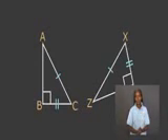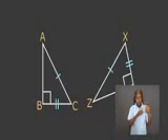Using what we have just learned, let us take a couple of minutes and perform our first activity of this lesson. What I would like you to do, students, is look at the 2 triangles on the screen.